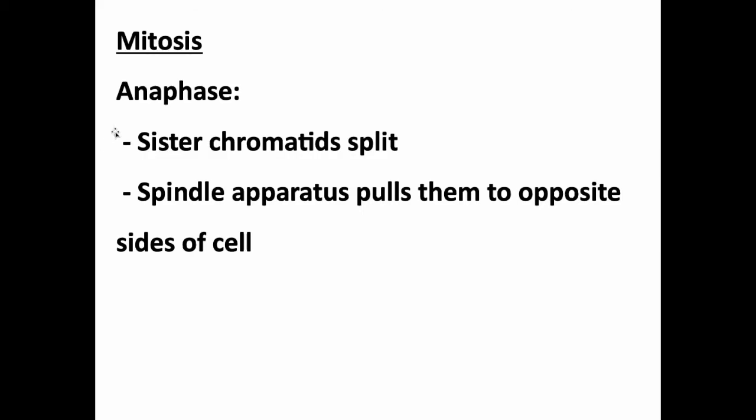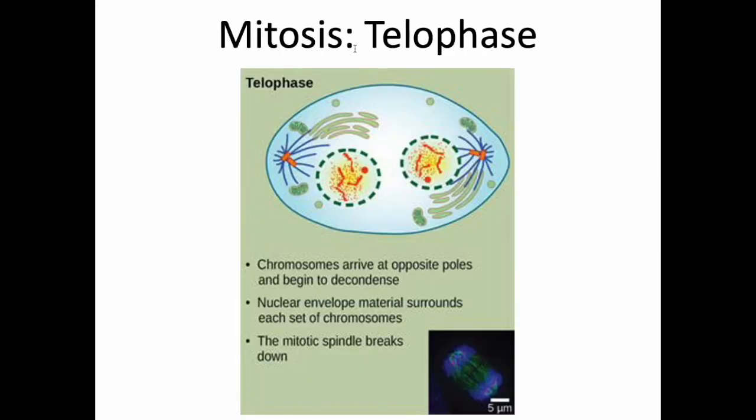PPMAT, so after anaphase must be telophase. Here's where things start to go back to normal. The chromosomes are going to relax. They're going to decondense. You can see them starting to get fuzzy and hazy. You won't be able to see the sausages anymore under a microscope. We also see during telophase the nucleus beginning to reform.